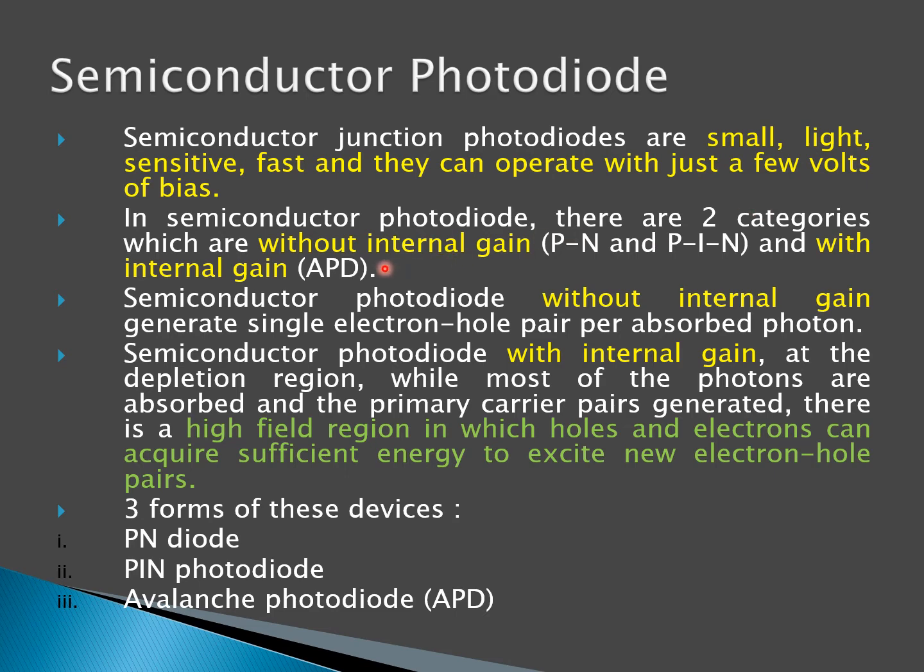The first one is without internal gain, and the other one is with internal gain. The photodiode without internal gain is either the PN photodiode or the PIN photodiode. The photodiode with internal gain is the APD, avalanche photodiode.